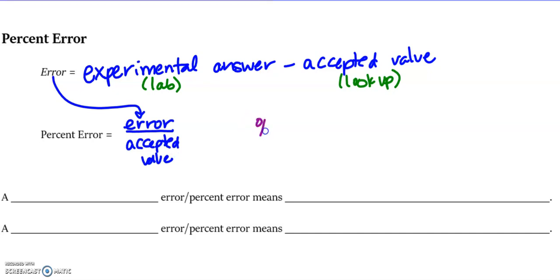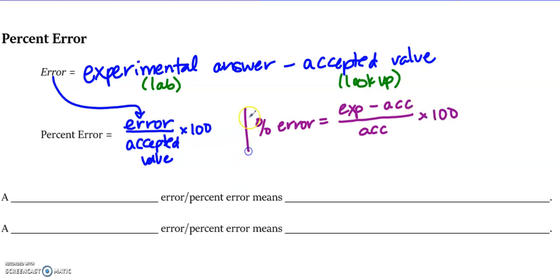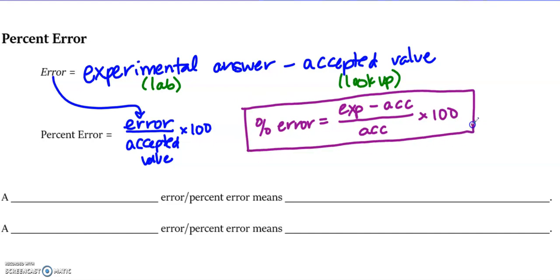Our percent error is your experimental, and I'm going to abbreviate, minus the accepted value, all divided by the accepted value. But because it's a percent, you're going to get a fraction there, so you've got to multiply by 100. So here's the equation with everything in it. This is what you want to go back to, so I would circle or underline that.